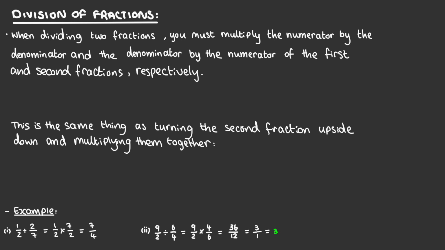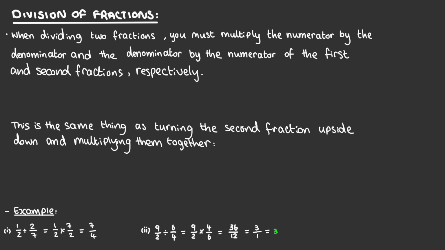Recall back to my video on natural numbers, where I talked about highest common factors. 12 is the highest common factor to both 36 and 12. So that's why when we divide the numerator and the denominator of a fraction by the highest common factor, we get the fraction in its simplest form, and in this case, it's just 3.